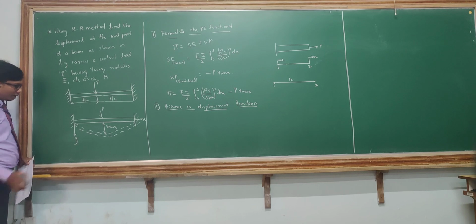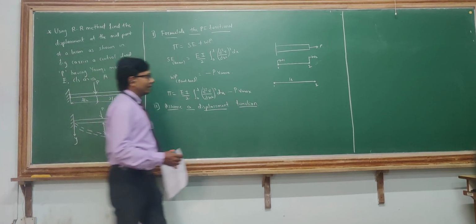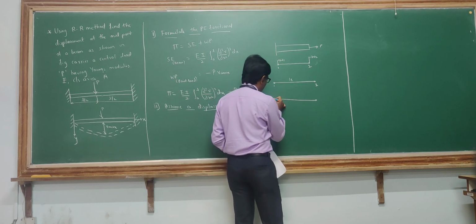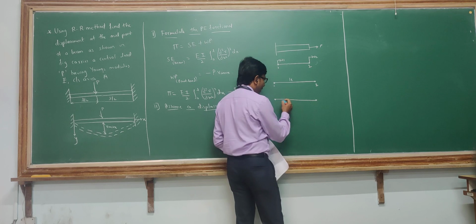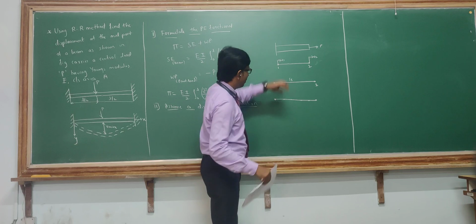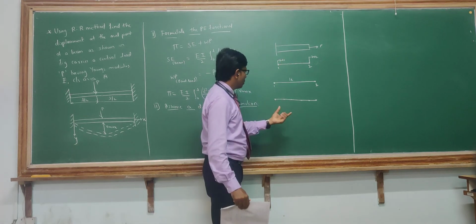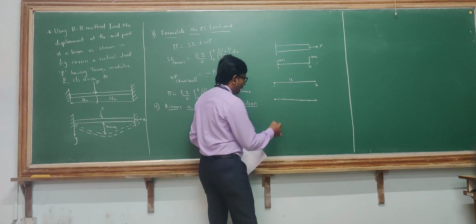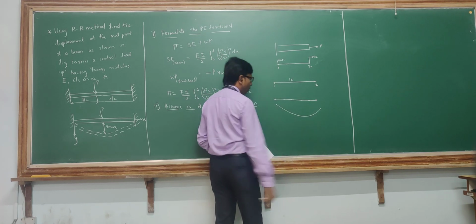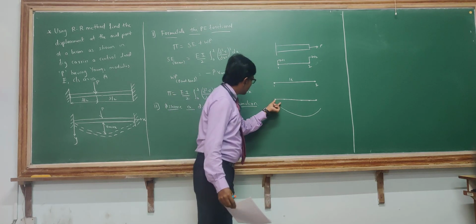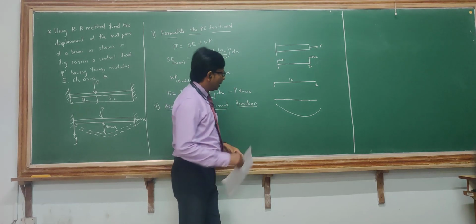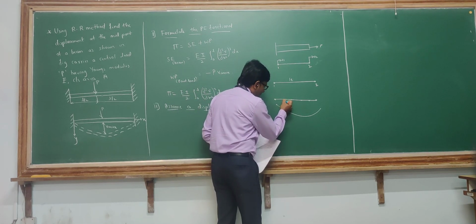If I take a single beam divided into a number of elements, and I want it to bend in this particular way, it has to go downwards as well as rotate.